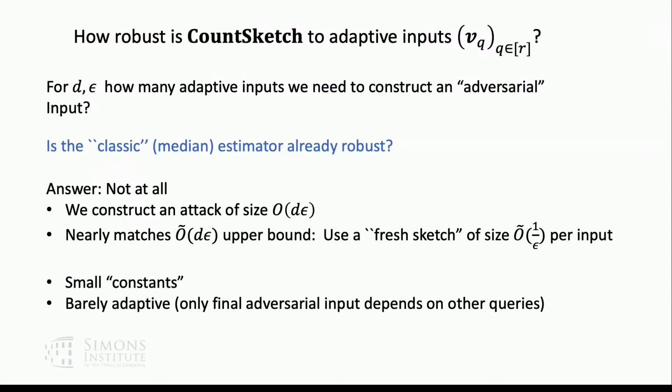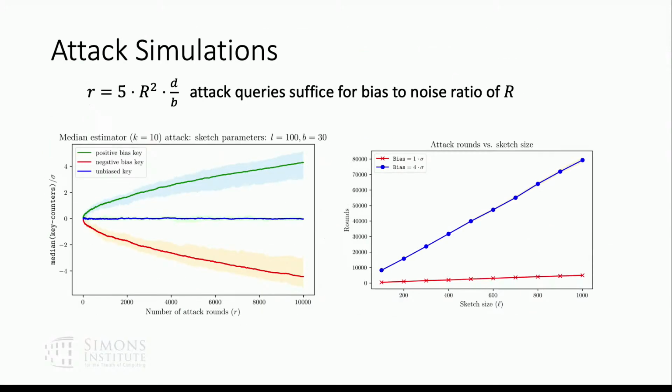All the queries that you issued were together, and the only adversarial input in the end was the only one that depended on all the queries. It was also fairly efficient. Basically, you look at the noise added to each bucket.